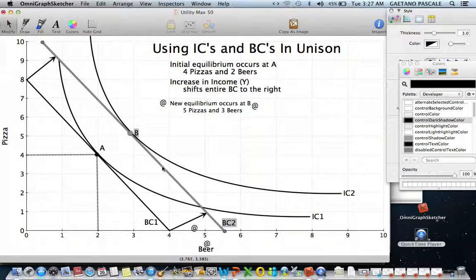Because of the increase in income, our budget constraint has shifted outward. That's our new budget constraint. Now we have to become just tangent with the indifference curve that's the furthest from the origin. So point B is our new equilibrium.